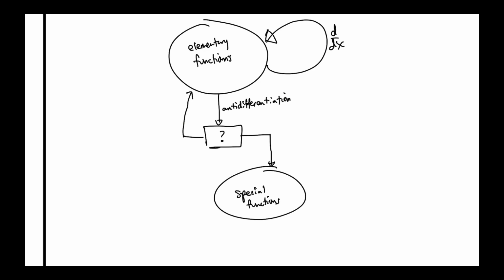And when the not always happens, the resulting thing is not elementary, so we call it special. The integral of e to the minus x squared is an example of a special function.